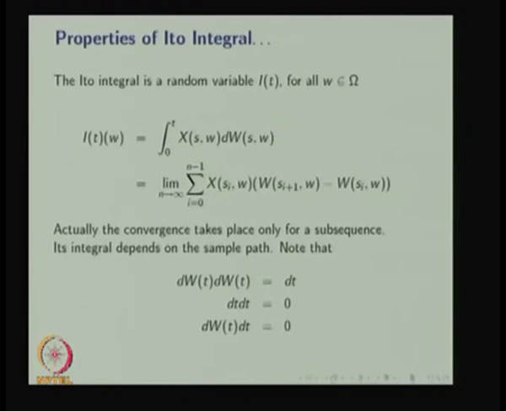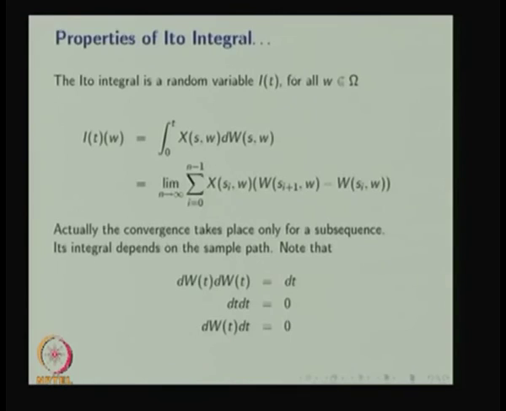The Ito integral is a random variable for all t, for all omega belonging to Omega. Therefore, you can write I(t)(omega) as the limit as n tends to infinity of the sum of X(s_i) times the difference of W's. You know that X is a random variable, and the difference of W's is also a random variable. Therefore, for fixed n, the summation from i equals 0 to n minus 1 is a random variable, and you are finding the limit as n tends to infinity of this summation.